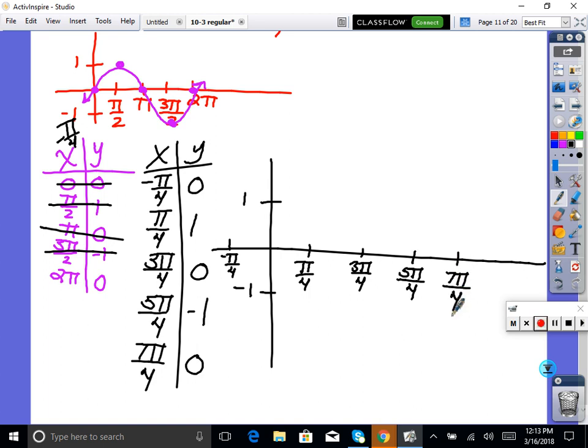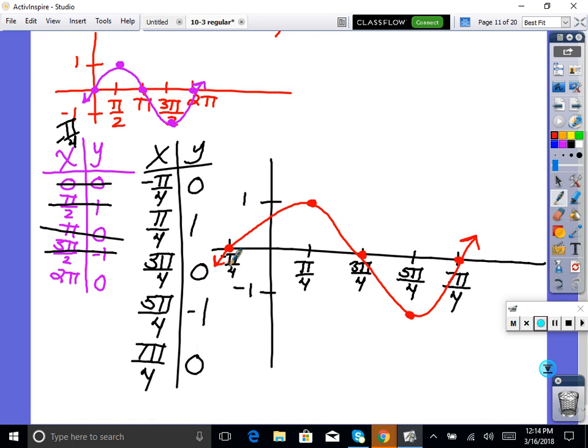Isn't that only one cycle? Which is fine for right now. So now we'll literally just plot those points. Look, negative pi fourths, 0, true? Over pi fourths, up 1. Over 3 pi fourths, up 0. Over 5 pi fourths, and then over 7 pi fourths, 0. Sweet.